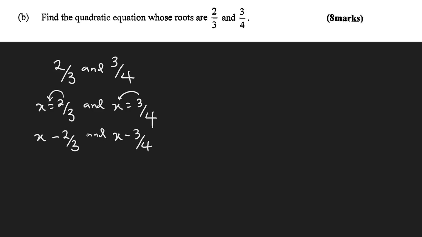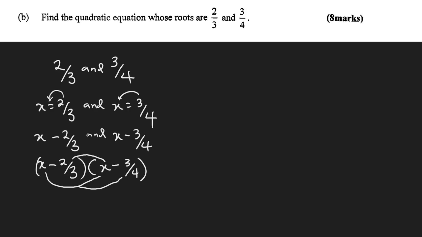So if you've done that, then we put them inside brackets: x minus 2 over 3, close the bracket, then we have x minus 3 over 4. Now we open the bracket. This x is going to multiply by this x, and it's still going to multiply by this, right? The same thing will happen with this one here.